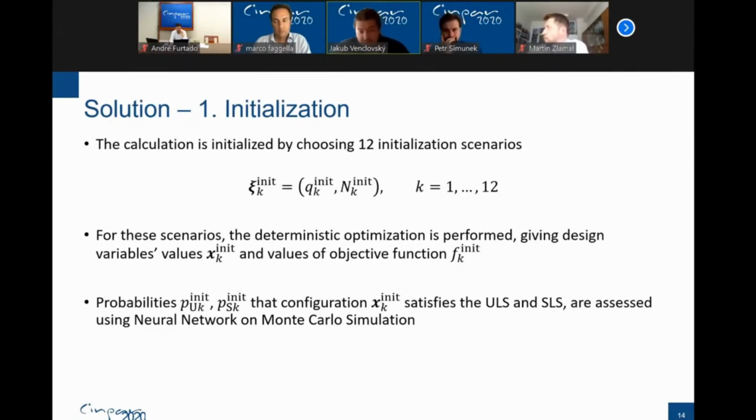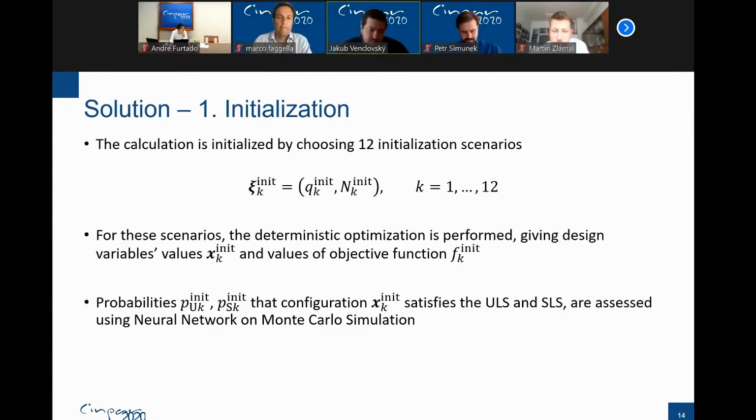The calculation is initialized by choosing 12 initialization scenarios. The 12 is a number which was chosen here. It can definitely be some other number of scenarios. The scenario is a concrete pair of values for Q and N. And for these scenarios, when we know the concrete values for Q and N, we can perform the deterministic optimization and acquire the concrete values for design variables and the concrete value for the objective function.